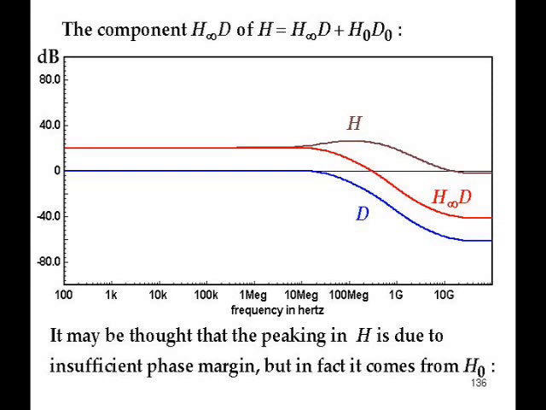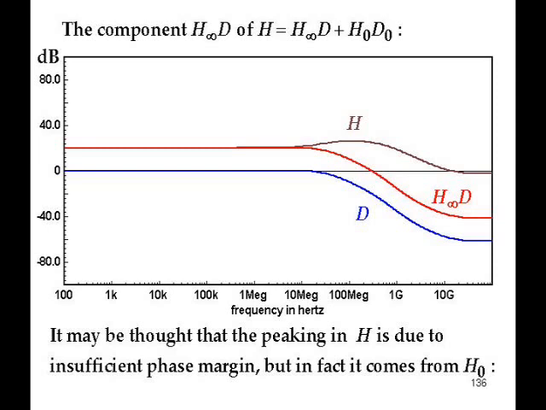Here's the crucial result that tells you why the output actually peaks up, even though you have an adequate phase margin. The D, the discrepancy factor, doesn't show any peaking, which it shouldn't with a phase margin of 87 degrees. The H infinity D, therefore, doesn't have any peaking either, because the H infinity is flat.